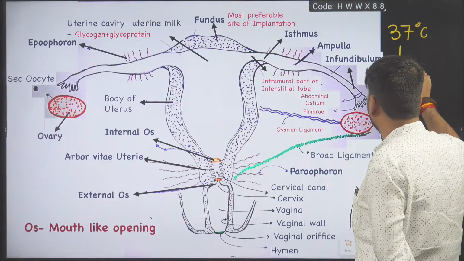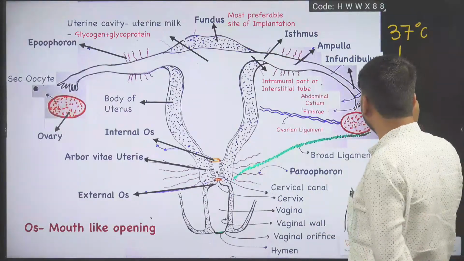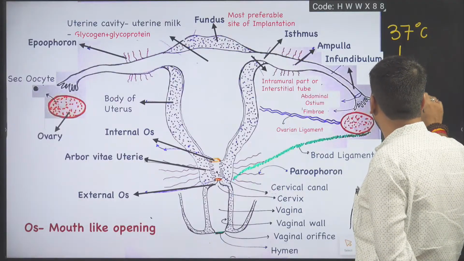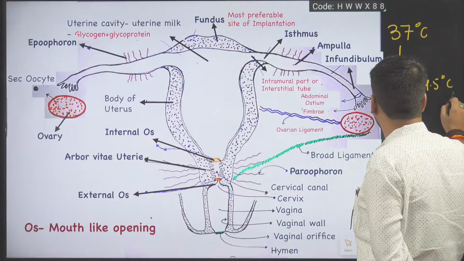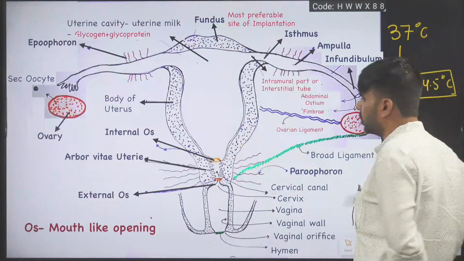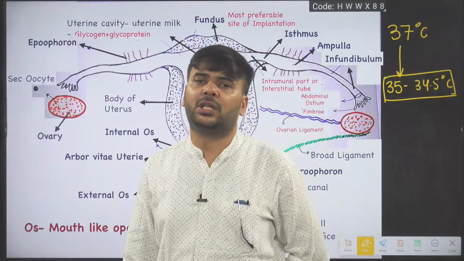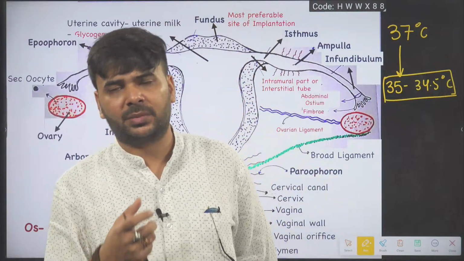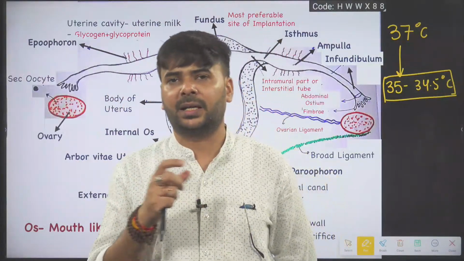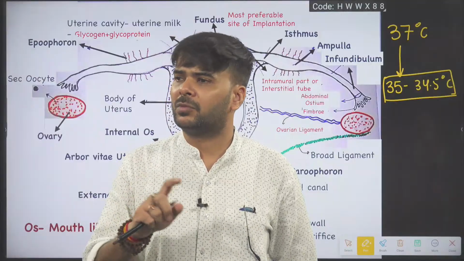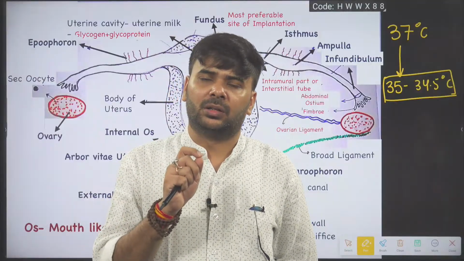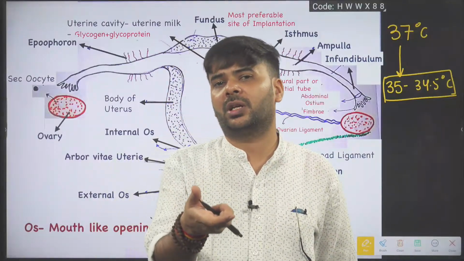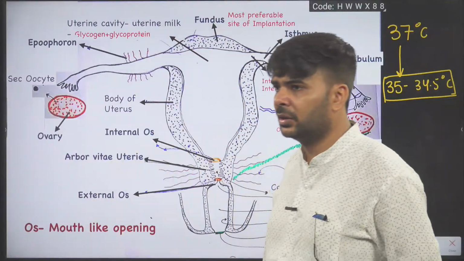Okay, so for spermatogenesis, sperm formation, how much temperature is required? 35 to 34.5 degrees Celsius, and this low temperature is maintained in testes with the help of the scrotum or scrotal sac. Why are testes not in the abdominal cavity, hanging outside the body? It is all in order to maintain low temperature in testes. Okay, I think it is clear.